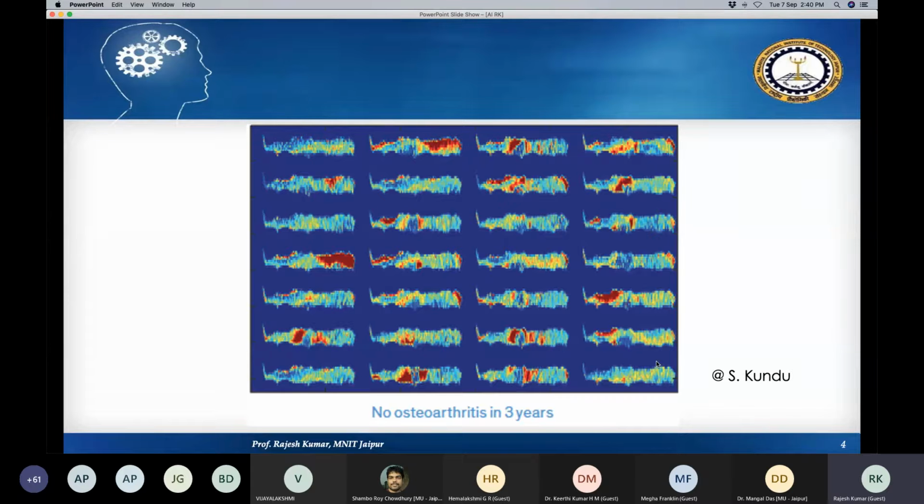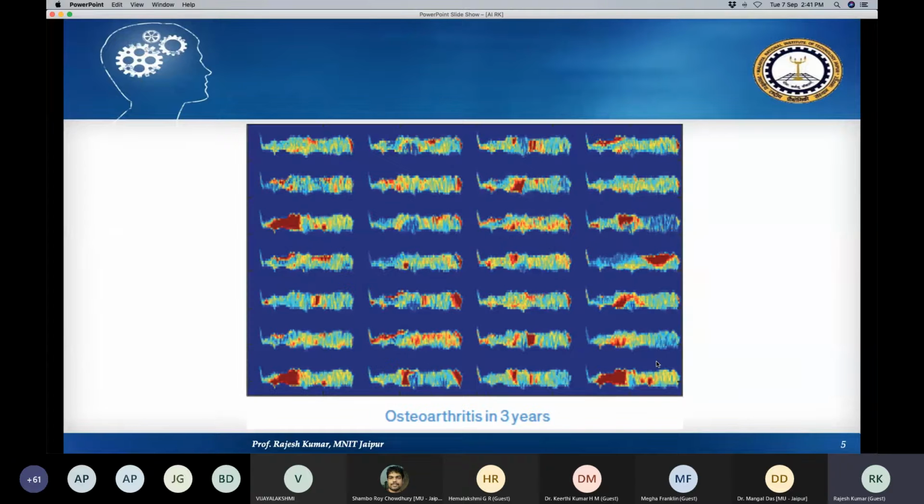So this one is a very interesting work which was done by S. Kundo. Some images are there. These are images taken, and from these images, the conclusion generated by the doctors is that there's no osteoarthritis in the 3 years. Then we have another set of images, showing osteoarthritis in 3 years.